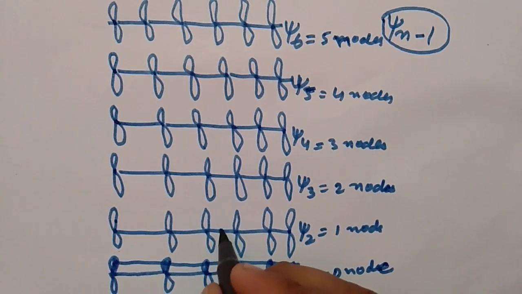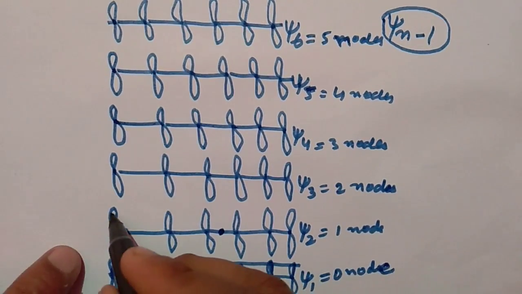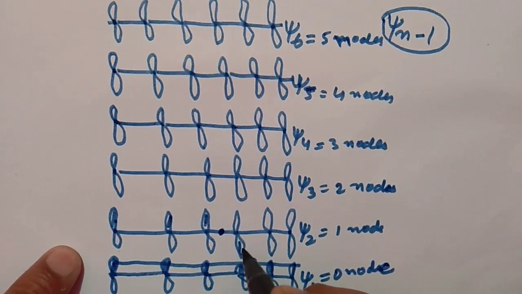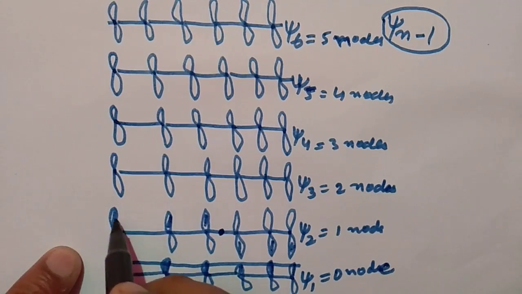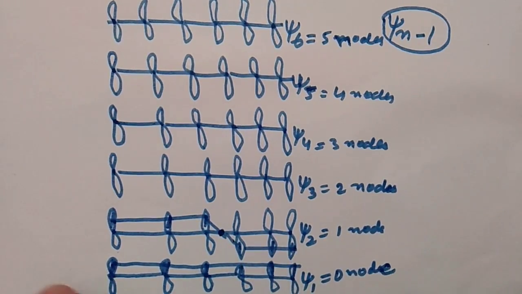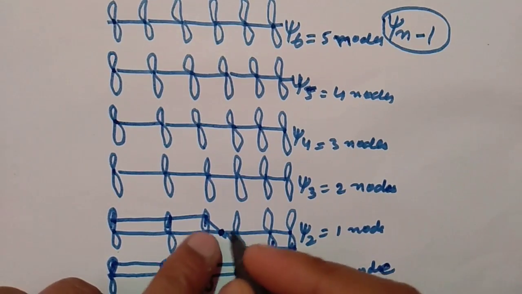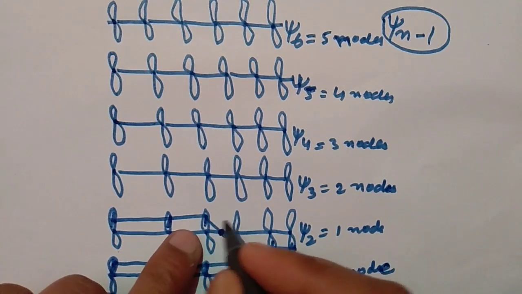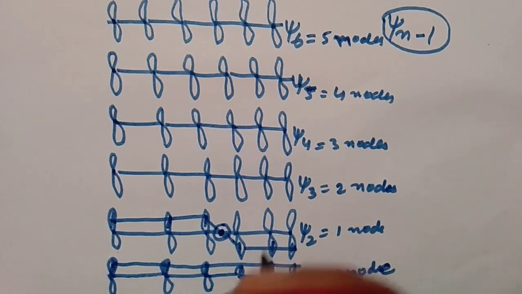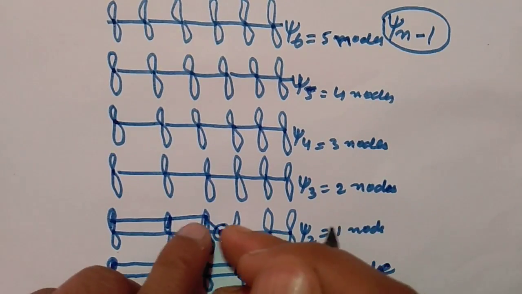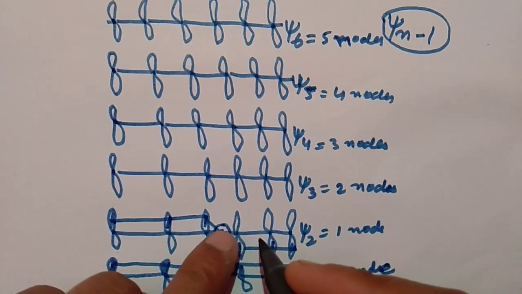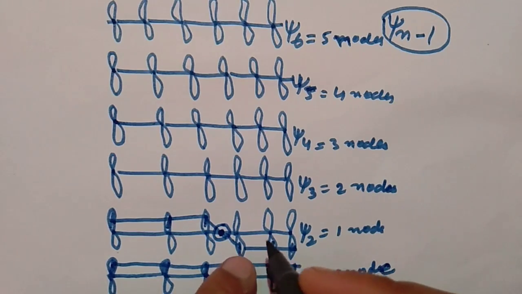A node is where two lobes have different sign. It means there is a node between these lobes. These are two lobes and these lobes have different sign, so there is one node.